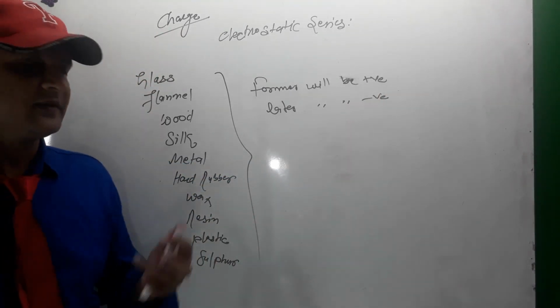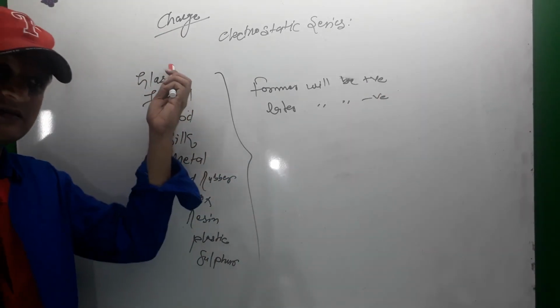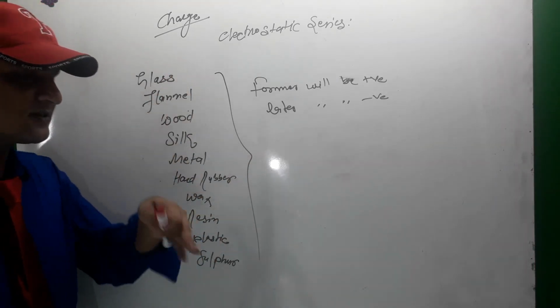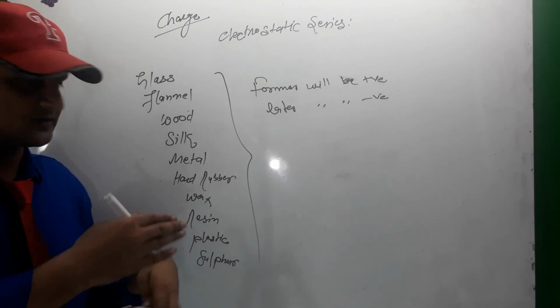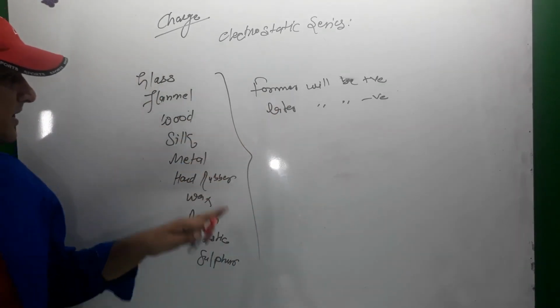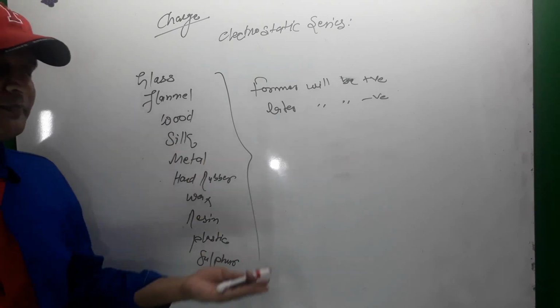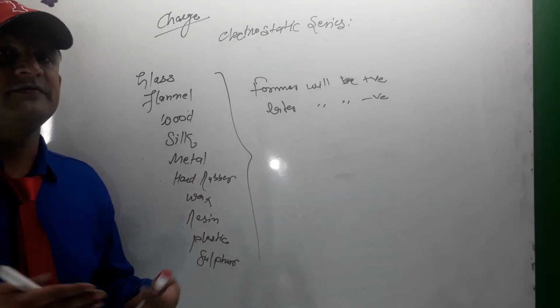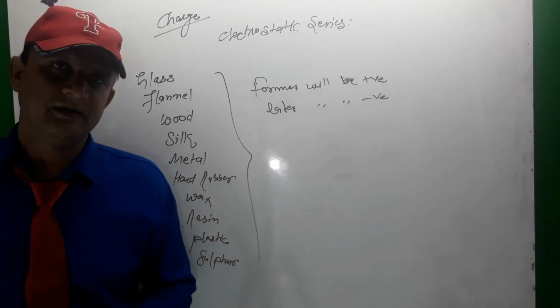If you rub glass with silk, then glass will get positive charge and silk will get negative charge, because glass comes first in comparison to silk. Silk comes later after glass. You can pick any one and compare which will be positive and which other will be negative.